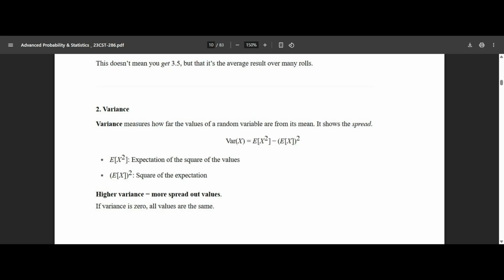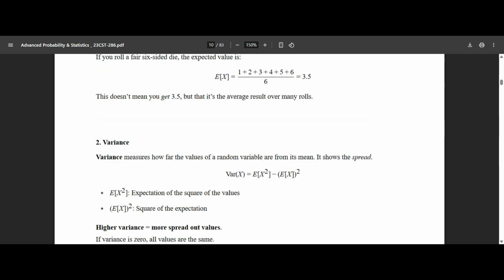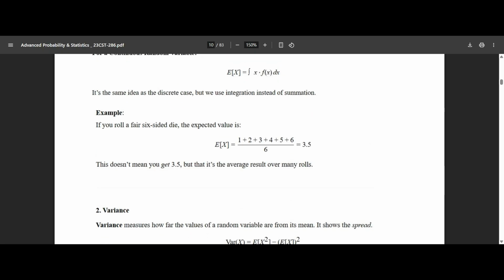So what is the formula for variance? Variance of x equals to expectation of x square minus expectation of x whole square। Now expectation of x square क्या है? x square को आप y ले लो, देन क्या होगा?